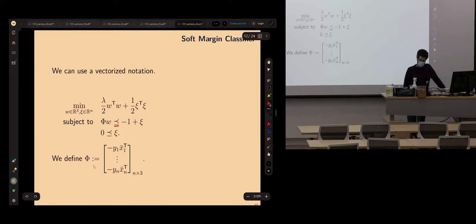So define matrix phi. Each row is negative y times x bar transpose. You have 3 columns. W is 3 by 1. So phi times W, as a vector, which will be n by 1, is less than or equal to negative 1 plus c.